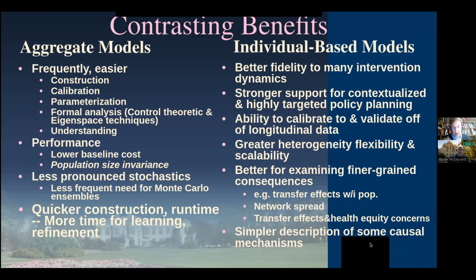Broadly, as an avid practitioner of multiple types of dynamic modeling, including aggregate models and individual-based models, both agent-based or individual-based, and in discrete event simulation, it's fair to say that aggregate models have frequently an edge in terms of faster construction and opportunities to calibrate, although with less flexible recourse to data. You can analyze them formally and work to understand them in ways that are often more immediate.